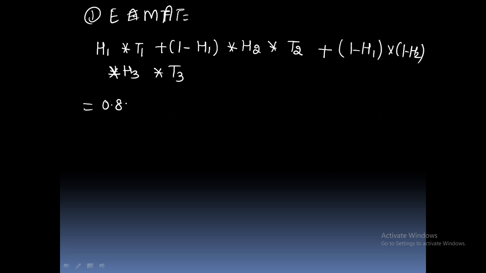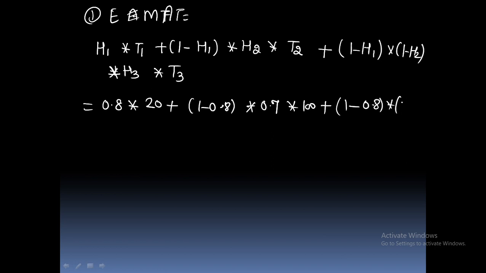H1 is 0.8, T1 is 20 nanoseconds, 1 minus 0.8 multiply 0.7 H2, T2 is 100 nanoseconds, 1 minus 0.8 multiply 1 minus 0.7, then multiply H3, we will take 1 because last memory level will be taken 1 and T3 is given 10,000 nanoseconds.